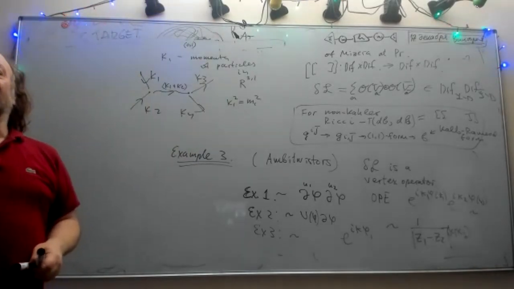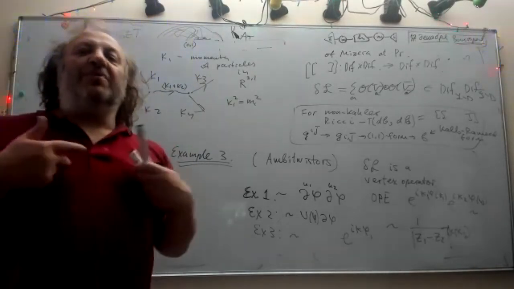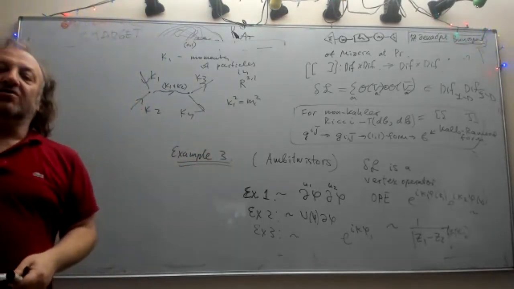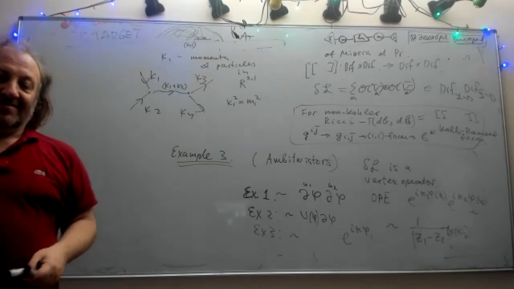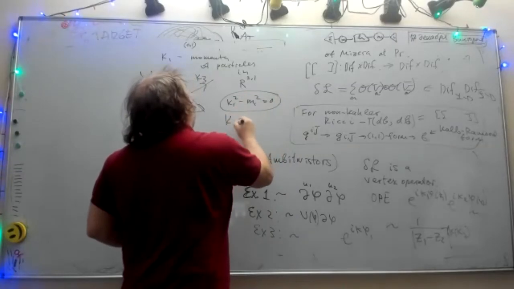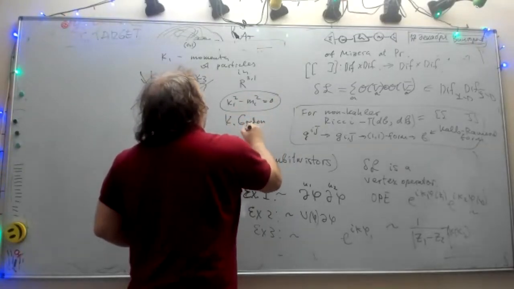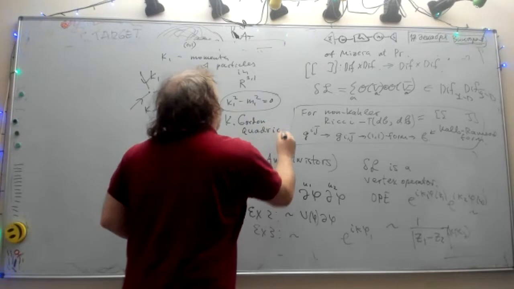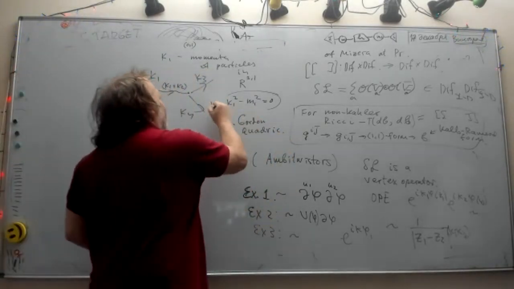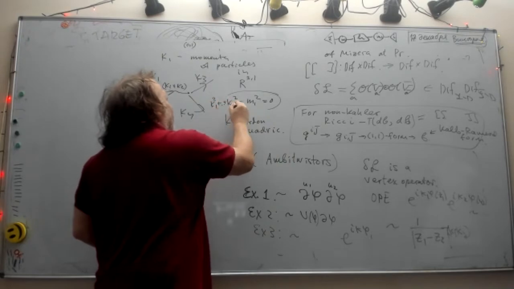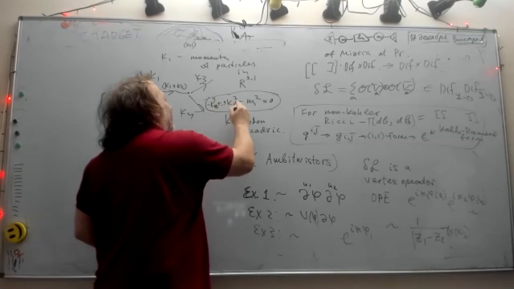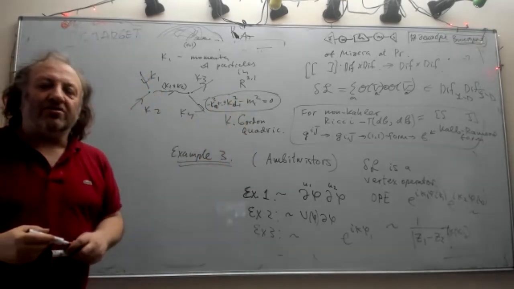So this is the main equation of our world, that we are actually waves, and this equation is called the Klein-Gordon equation. Maybe you heard about it. So this is the Klein-Gordon quadric, with minus here.